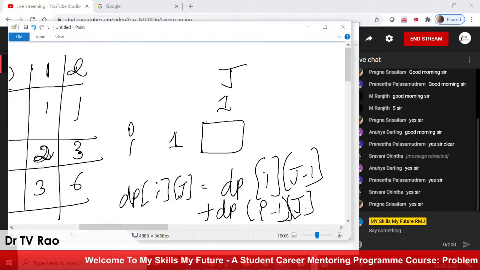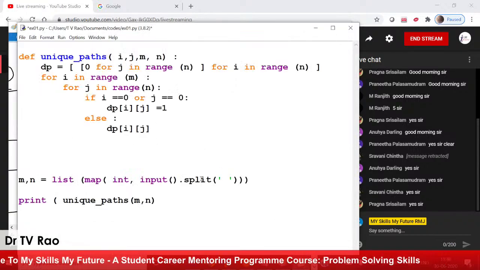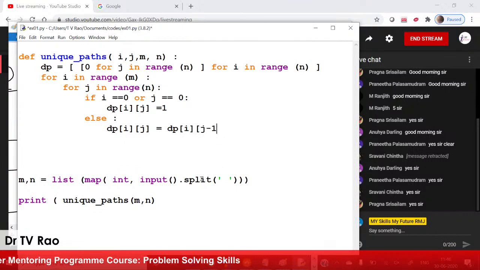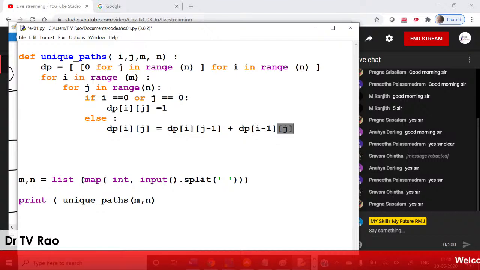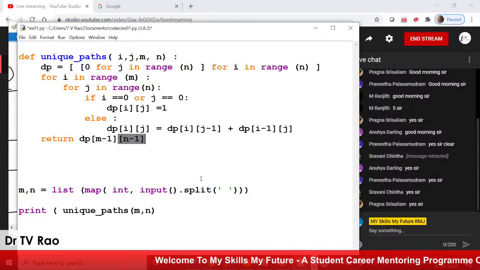Left cell and cell on the top. What is left cell? i, j minus 1. What is cell on the top? i minus 1, j. Now return dp value in m minus 1, n minus 1.